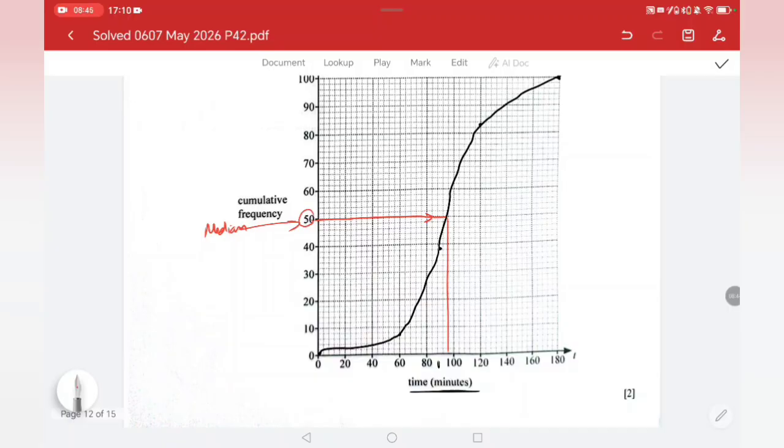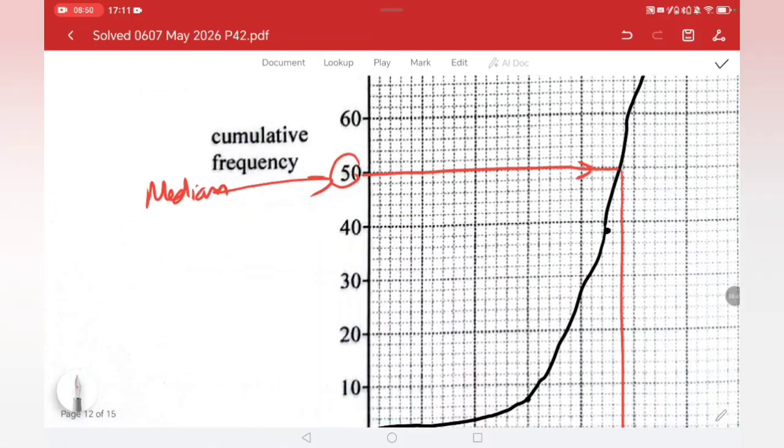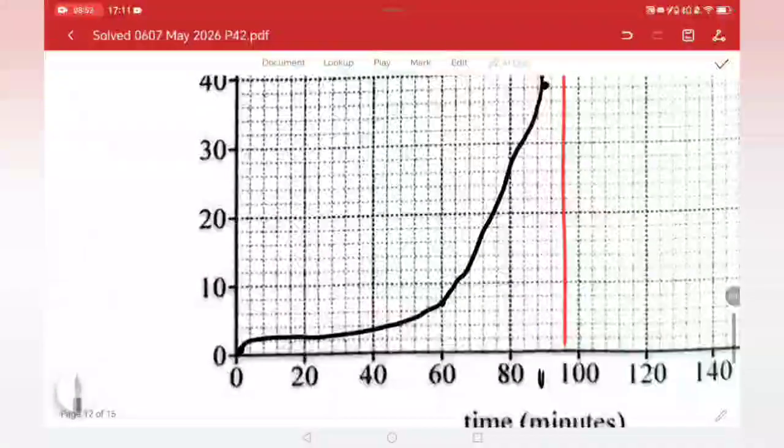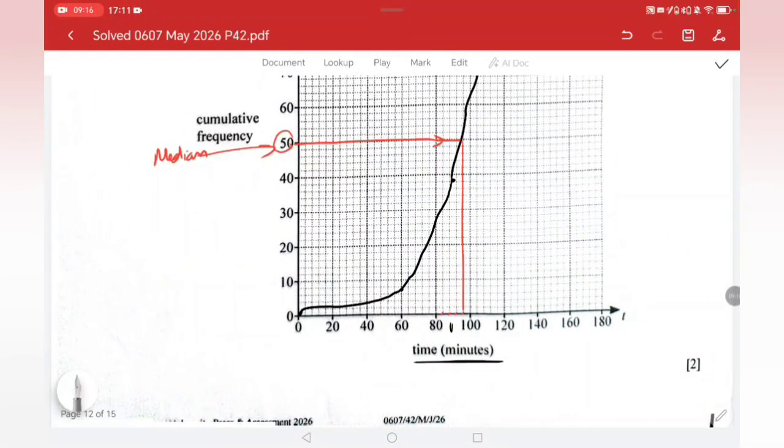Let's see. So 84, 88, 92, like 96. Yeah, approximately 96 according to this one.